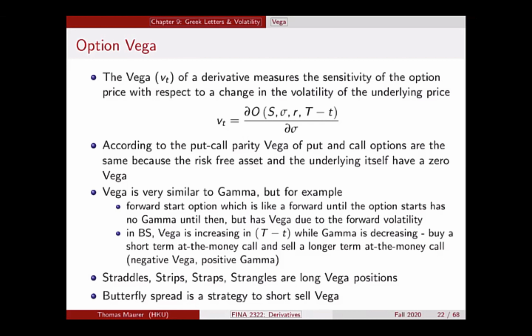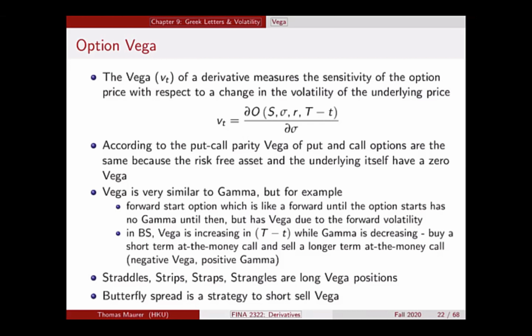Calendar spreads are interesting because we use options with different times to maturity, and there we can actually play around with gamma versus Vega. By using a call option with a longer and a shorter time to maturity and combining them together, we can have zero Vega and only exposure to gamma.